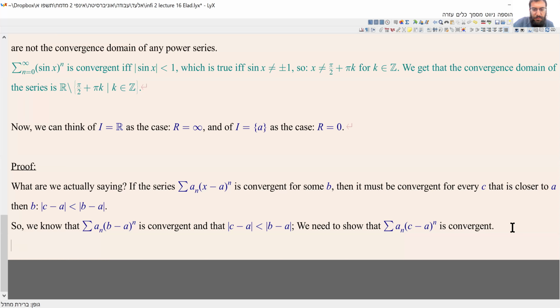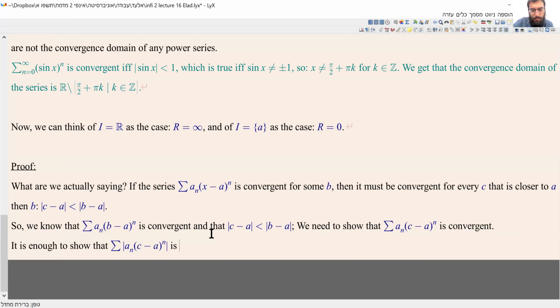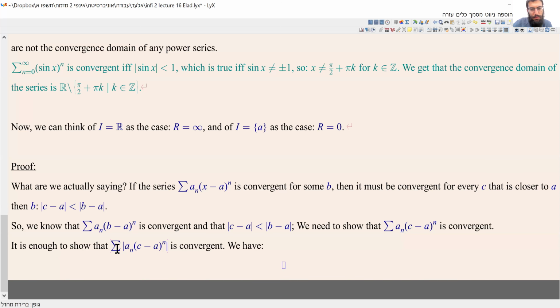It is enough to show that the series of absolute values is convergent. And we use the following trick.